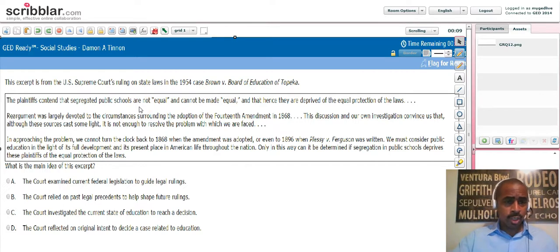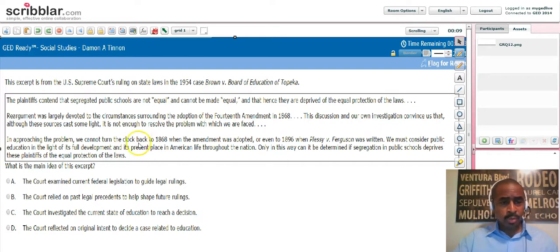This excerpt is from the U.S. Supreme Court's ruling on state laws in the 1954 case, Brown versus Board of Education of Topeka. The plaintiffs contend that segregated public schools are not equal and cannot be made equal, and that hence they are deprived of equal protection of the laws. Re-argument was largely devoted to the circumstances surrounding the adoption of the 14th Amendment in 1868. This discussion and our own investigation convince us that although these sources cast some light, it is not enough to resolve the problems with which we are faced.